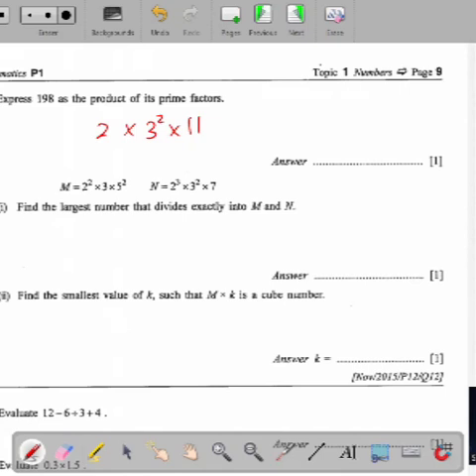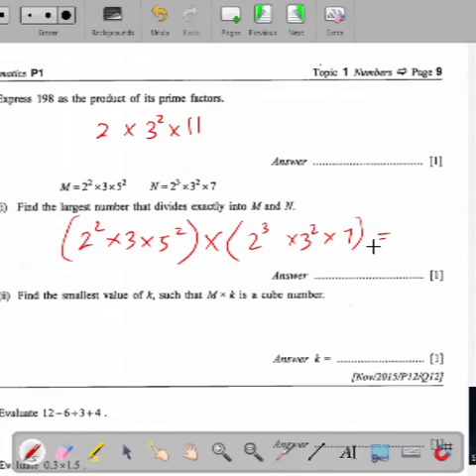Then how can I go for it? M is 2 square multiply 3 multiply 5 square, and the second one, N, is 2 cube multiply 3 square multiply 7.